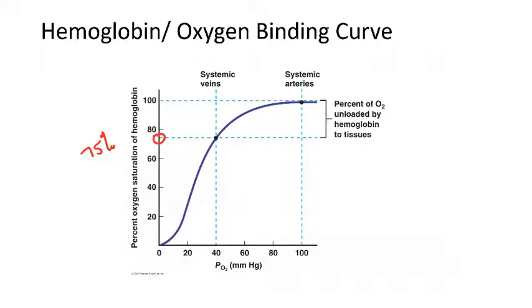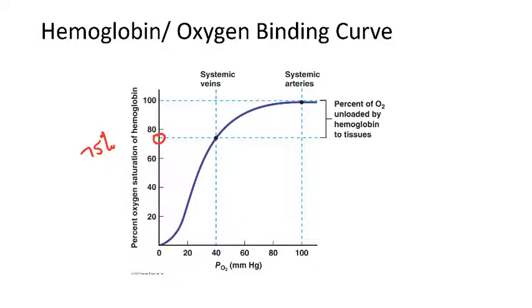Now, this is called the hemoglobin oxygen binding curve. It shows the percentage. And you'll notice it's not a straight line, because of the way oxygen binds to hemoglobin, it's what we call cooperative. So the last one on is the first one off.